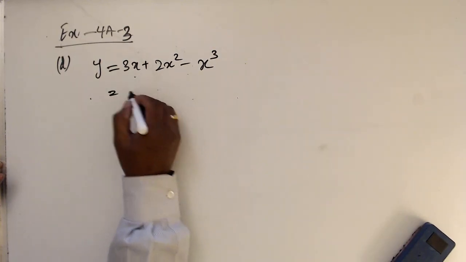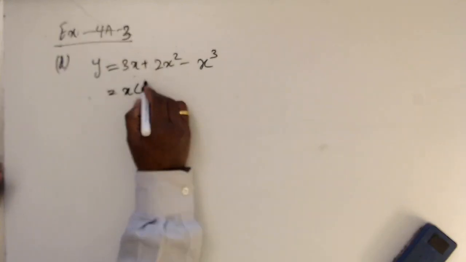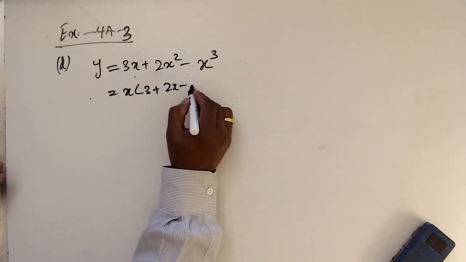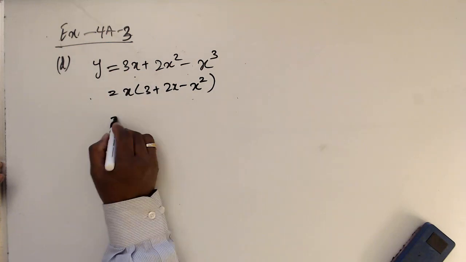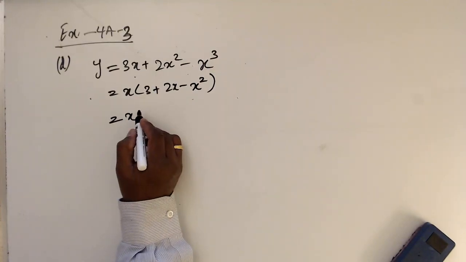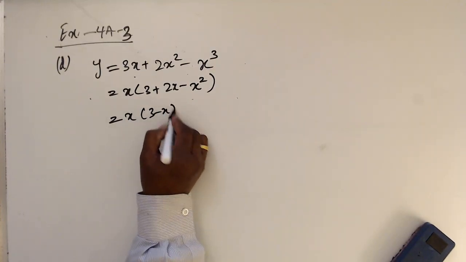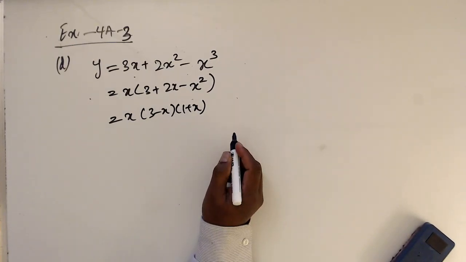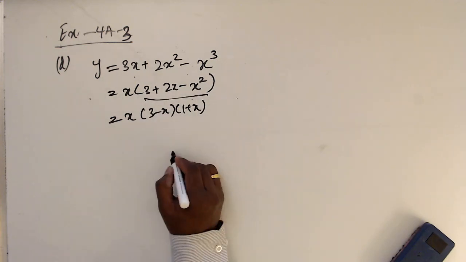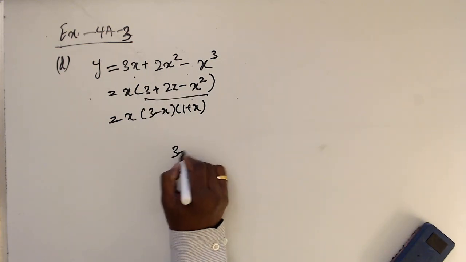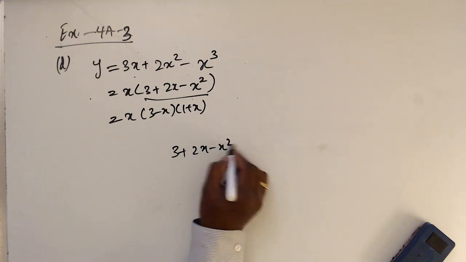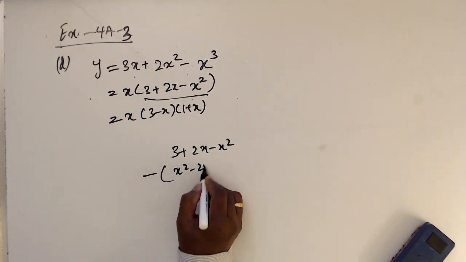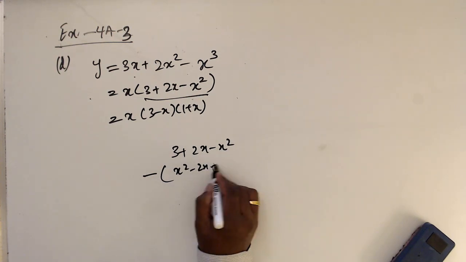I can see that I can take x as a factor. This is going to be x(3 plus 2x minus x square). And what are the factors of this one? 3 minus x, 1 plus x. If you are not sure, just to revise, take 3 plus 2x minus x square. For the safe side, take x square minus 2x minus 3.